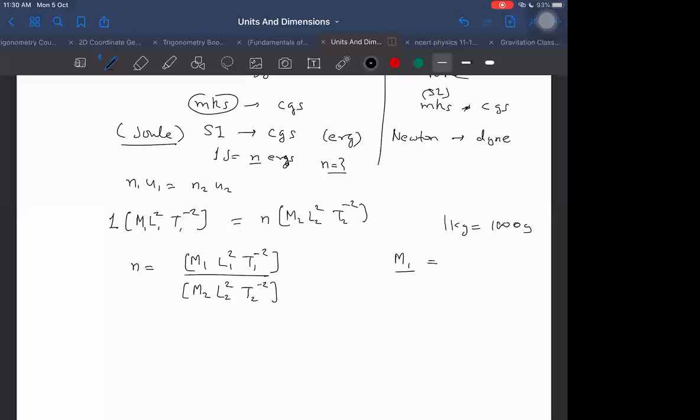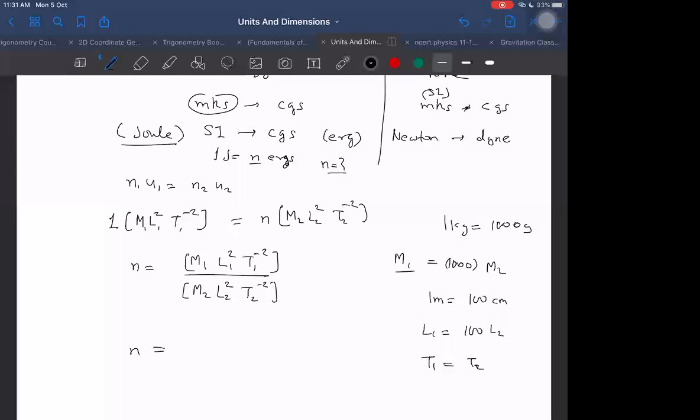Means I can say m1 is equal to 1000 times of the second mass unit, right? What about L1? We know 1 meter is equal to 100 centimeters. Then I can say L1 is equal to 100 times L2. What about time? T1 is also second and T2 is also second only. CGS and MKS both are same.